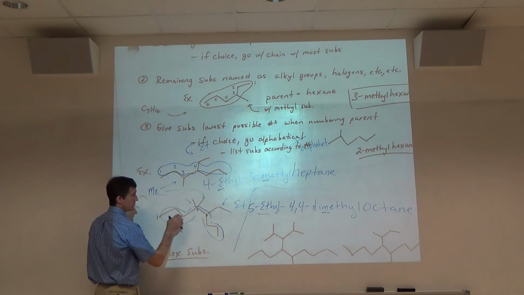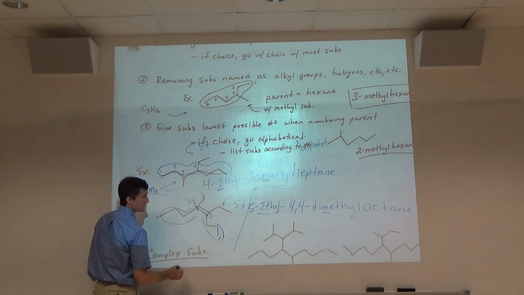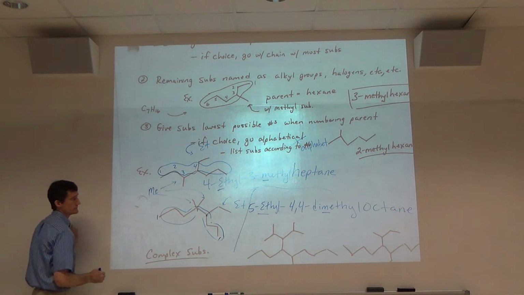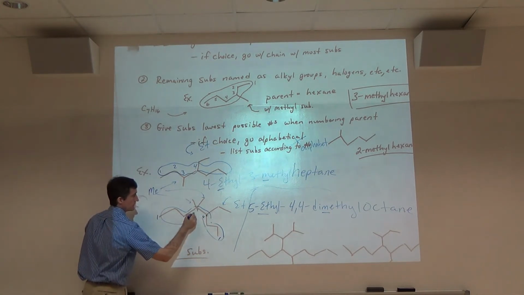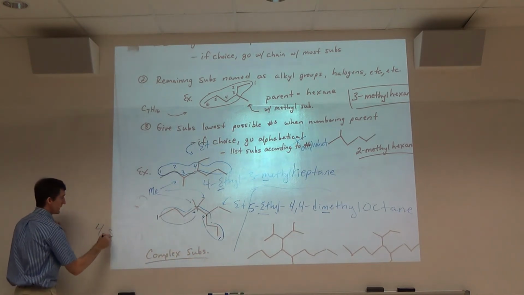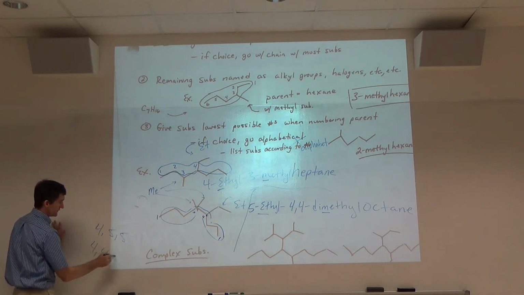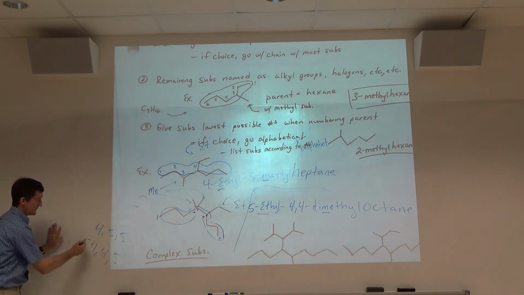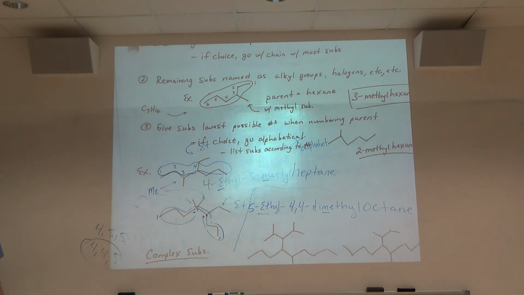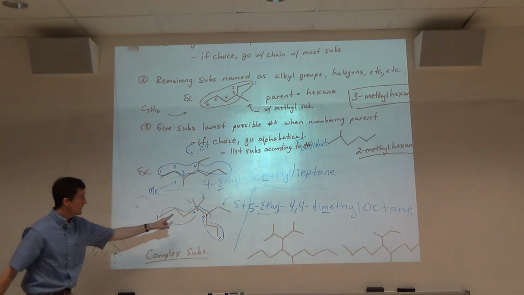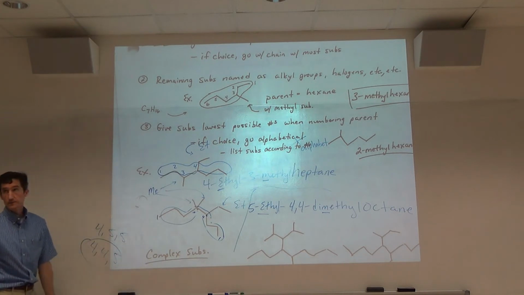If this is 1, we get 4, 4, 5. If this was 1, what would it be? 4, 5, 5. Which is better, 4, 5, 5 or 4, 4, 5? This is better, lowest numbers, 4, 4, 5. That's why I named it 4, 4, 5, and this is the one end. We just had 2 methyls have to be on the same carbon.